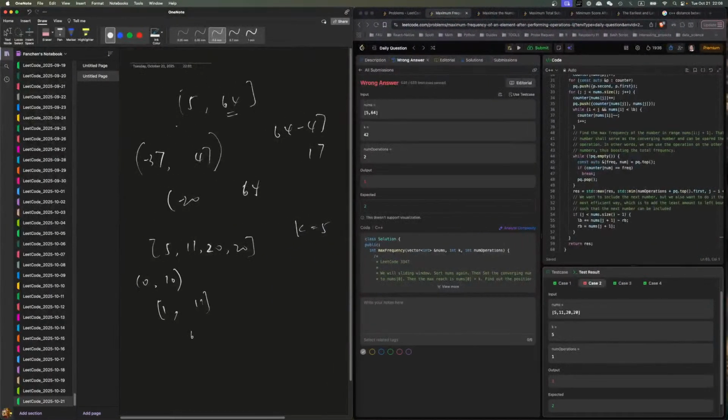No. The question is, we have these numbers in this range, right? What we want to know is, does any one of those numbers in them can be used as the convergent number?